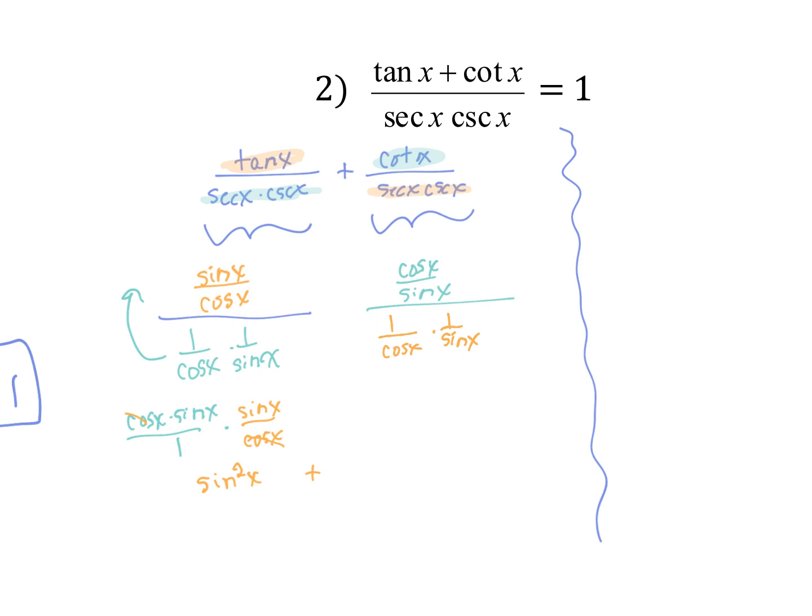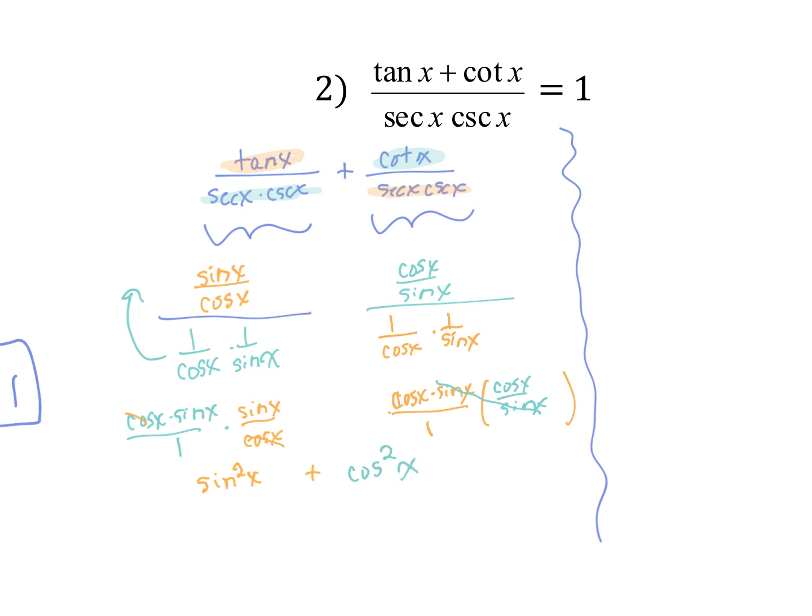And if I do keep it, change it, flip it with that, I'm going to have this cosine x times sine x over 1 times cosine x over sine x. I'm color coding here again. And if you notice on this one, the sines divide out, and I'm just left with cosine squared x.